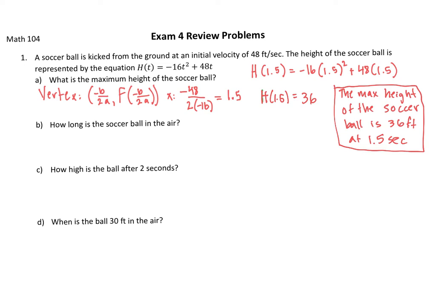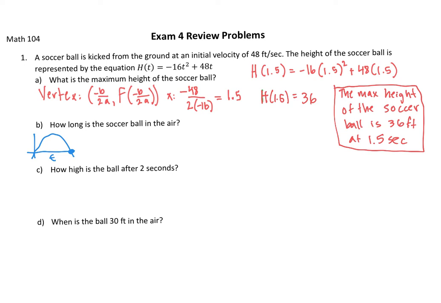Okay. Now, after finding the vertex or the maximum height of the soccer ball, another question that can be asked with this situation is how long the soccer ball is in the air. So if you think about what that would be, so we come up and then down. Right there is where we hit the ground, so we are no longer in the air. So we're going to just try and figure out what is our time when our height is 0?